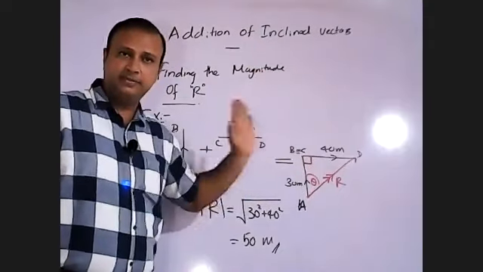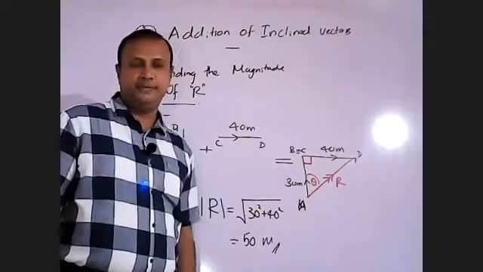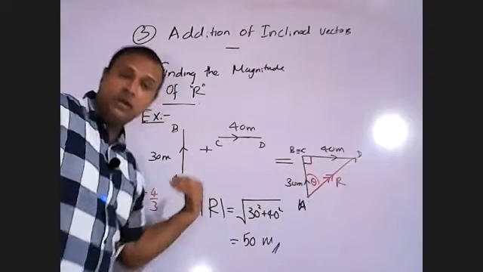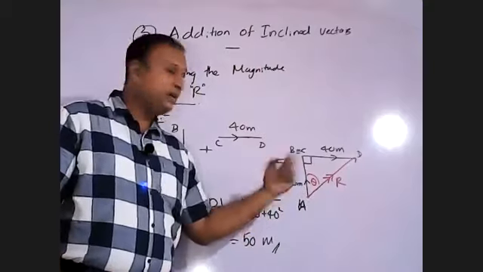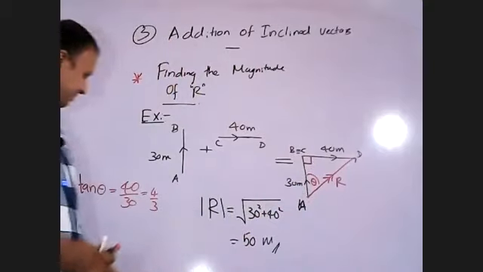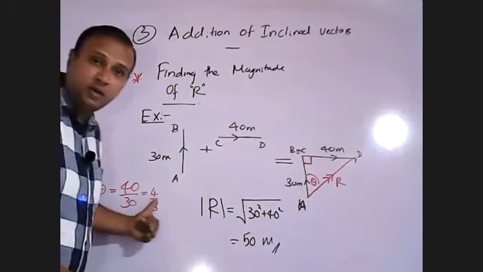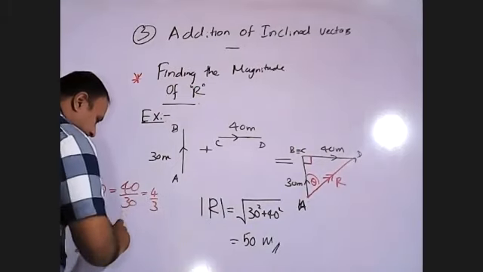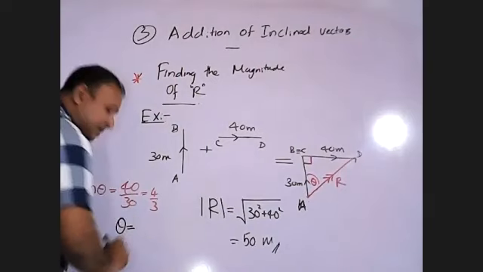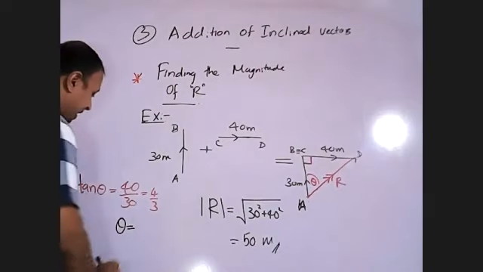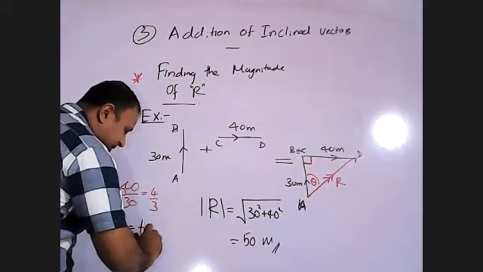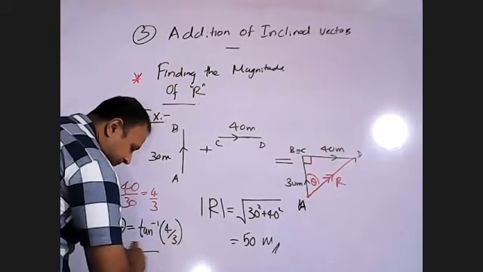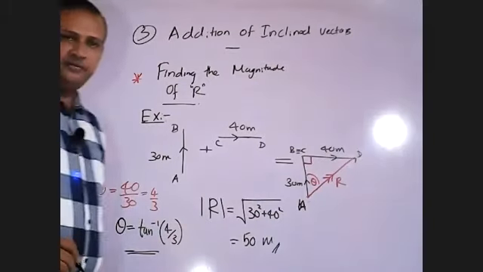Then you have to calculate the value of theta. You can calculate it from the tan theta value. Theta is tan inverse 4 over 3. This is enough.